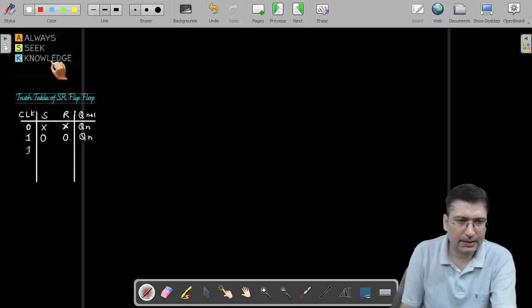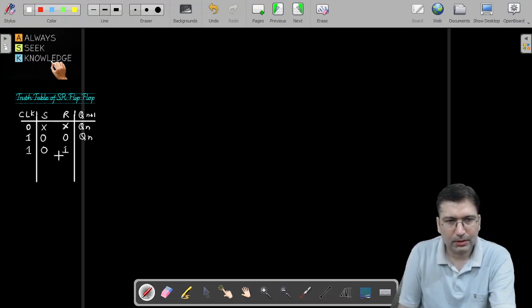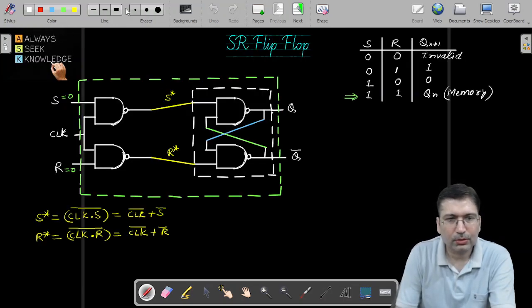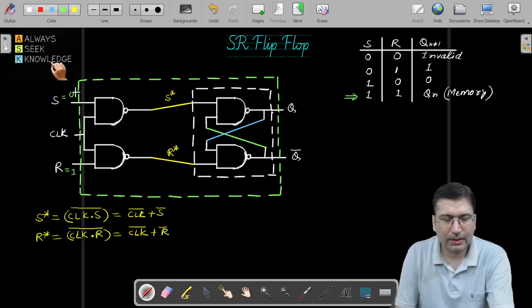But the third case, let's say the clock is 1, and you have S as 0 and R as 1. So go back and analyze this situation when S is 0 and R is 1. When S is 0, this will become 1 here, so this S star will become 1.